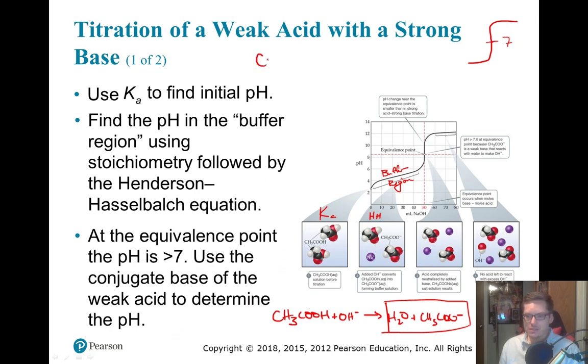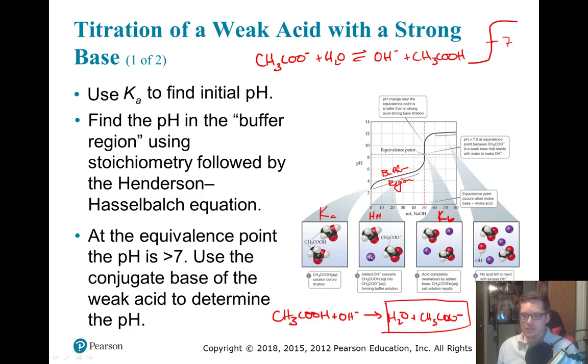We'll have our acetate acting like a base, CH3COO minus plus H2O, and because it's a weak base, it'll create hydroxide, and form this new equilibrium. And so now at the equivalence point, this turns into a Kb problem, okay?